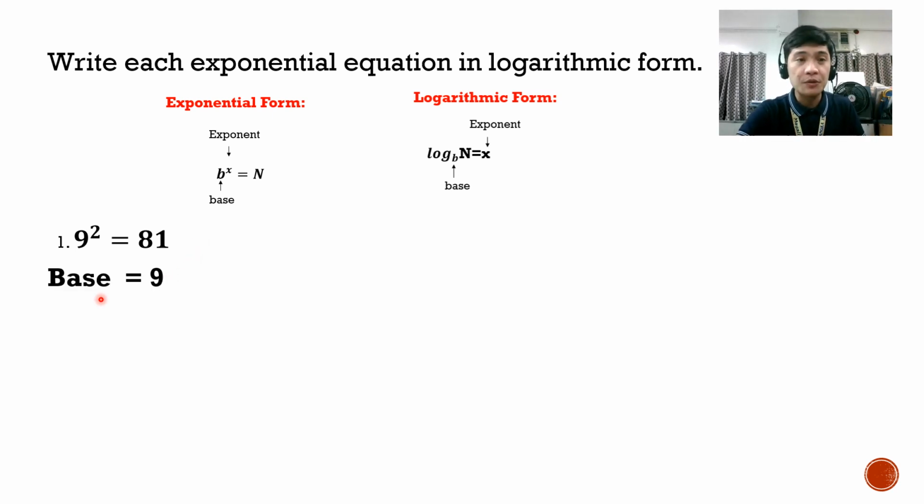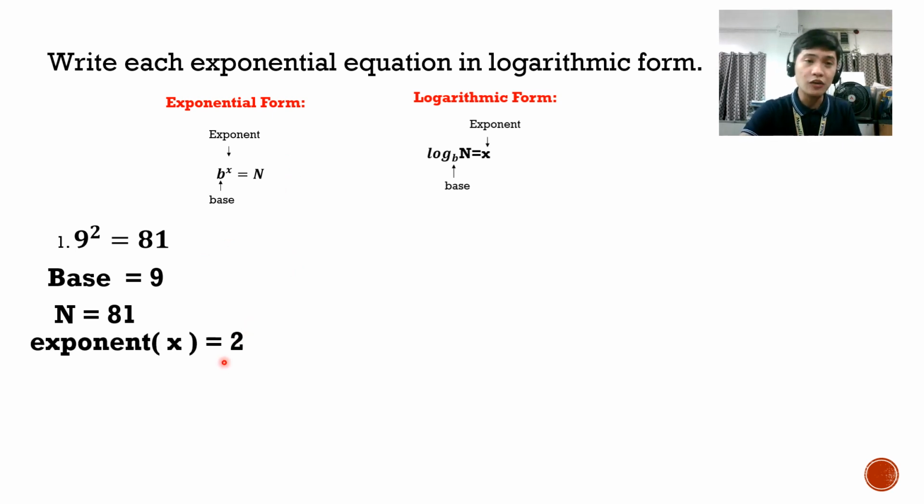In this case, our base here is 9. Okay? Very basic yon na ang base dito ay 9. Ang n natin o yung product nung 9 ay ni-raise natin to second power is 81. So, n here is 81. Okay? You just follow this one. Okay? Our exponent here is 2.